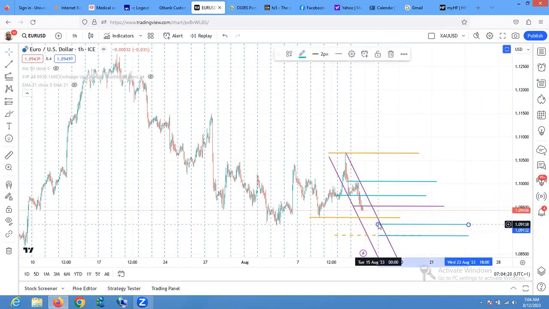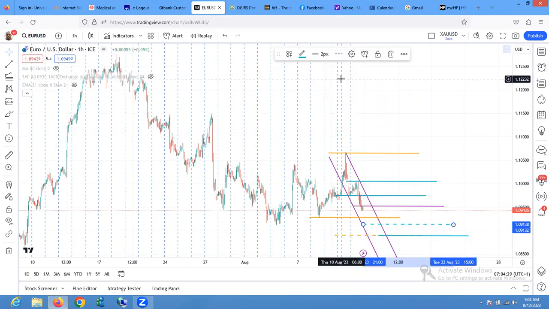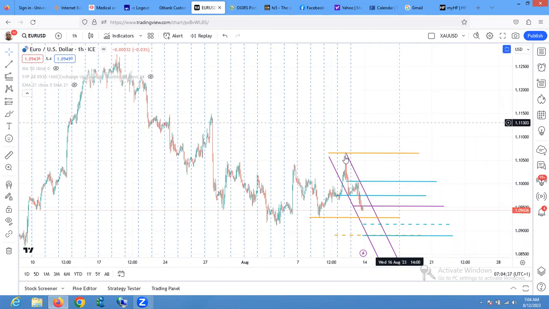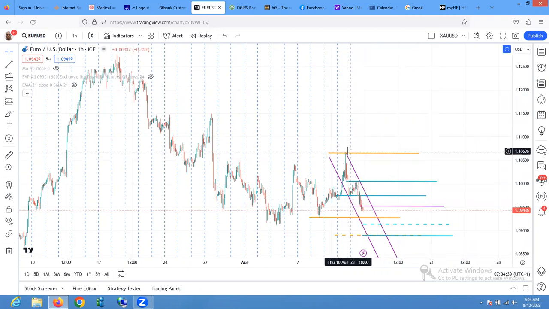This is its own 100 extension. This is its own 100 extension. And this is its own 123. Okay. So inside of this wave is going into 3-wave, A, B, and a C at 100 or 123 here.